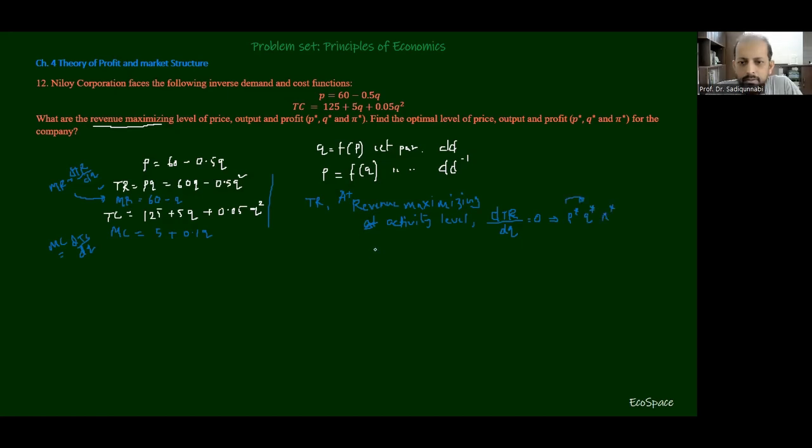So here we see that TR equals 60Q minus 0.5Q squared. So dTR dQ should be equal to 60 minus Q, which should be equal to 0.